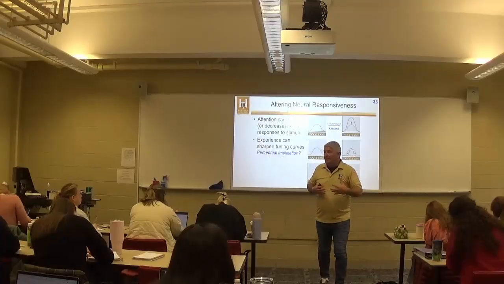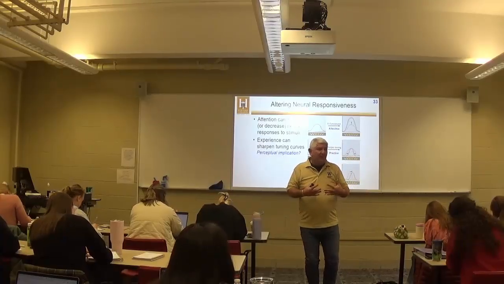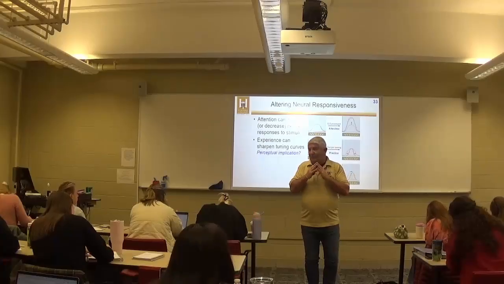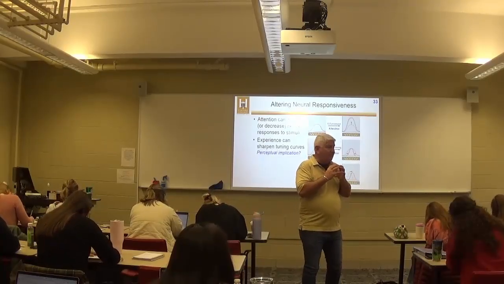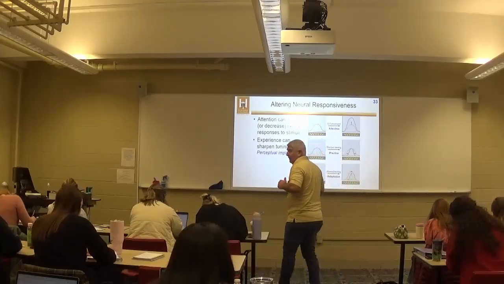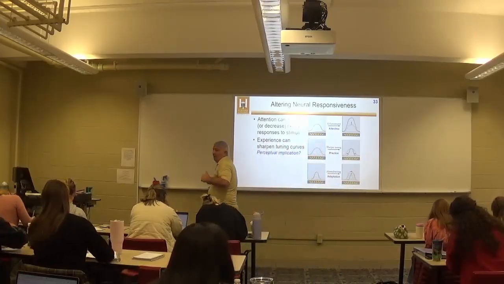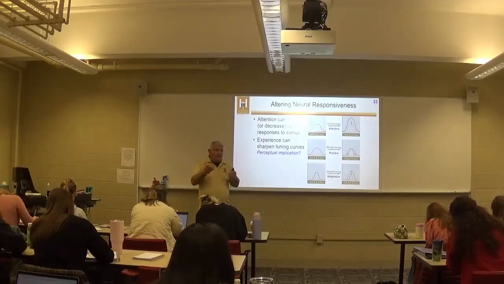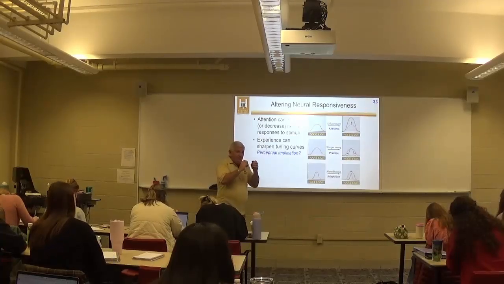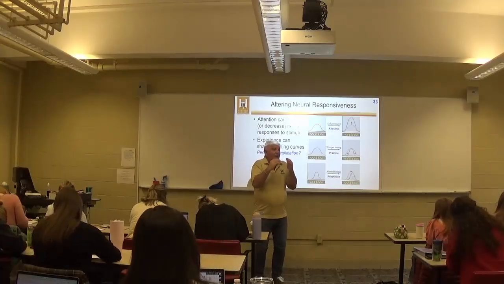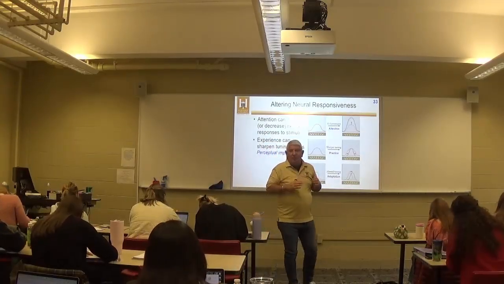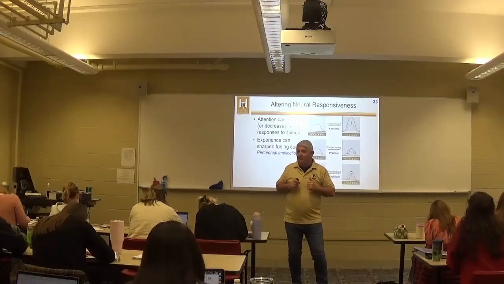So experience and practice can sharpen our tuning curves and make them smaller, and when they're smaller, they're better able to discriminate between stimuli. So as the monkey learned to tell the difference between those paperclip shapes, it was encoding and sharpening an orientation curve for its preferred target.